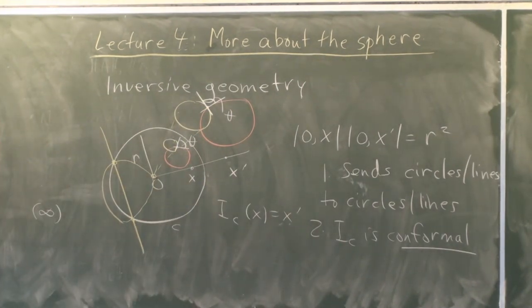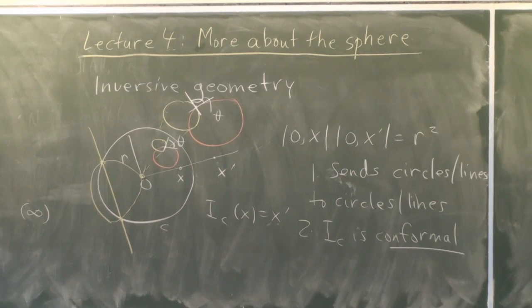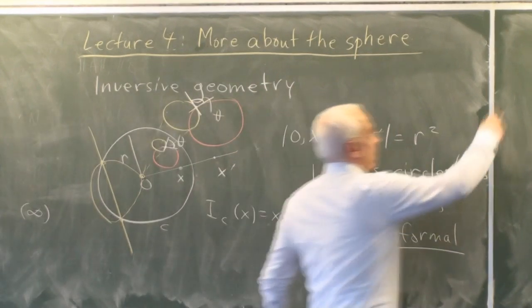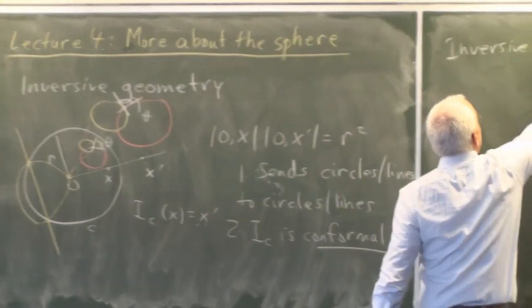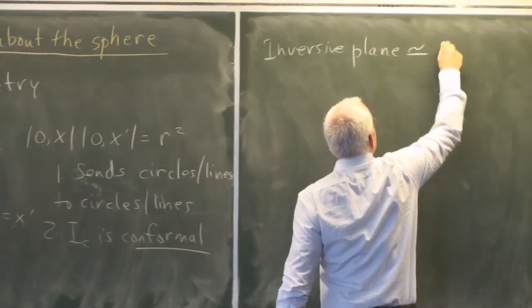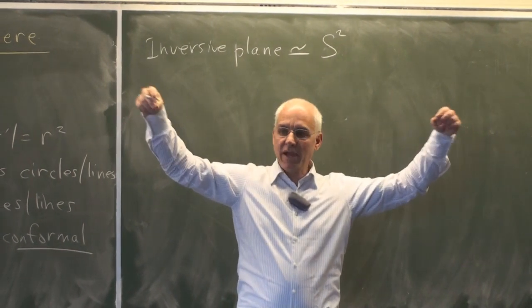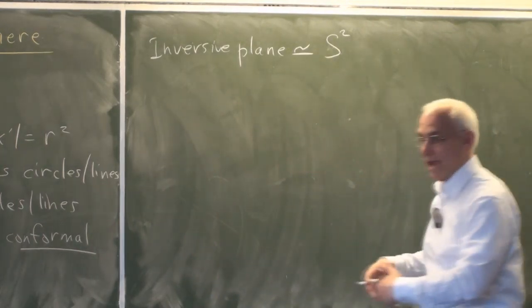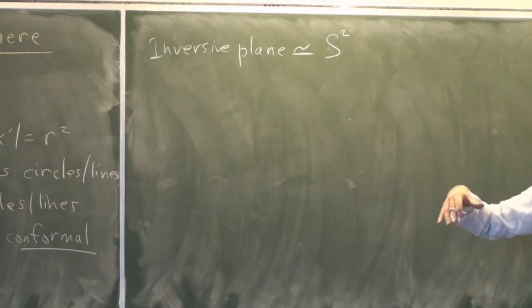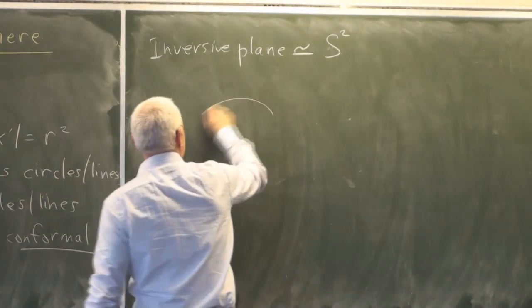So this is inversive geometry, but now we can connect it with the sphere. So the inversive plane is really topologically equivalent to our two-sphere, because we have the usual plane and one point at infinity, and the stereographic projection makes that correspondence obvious. Let me just remind you how that goes.